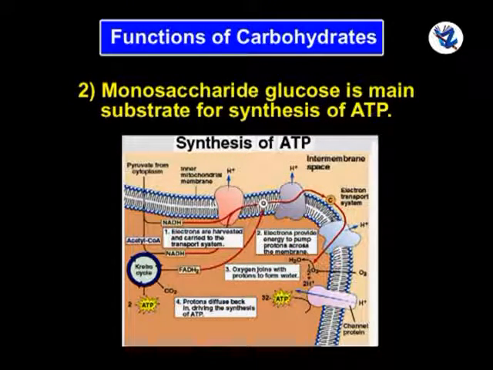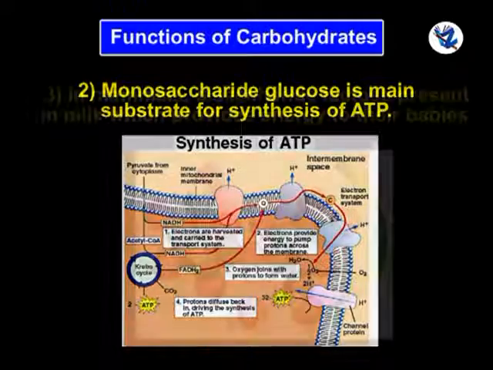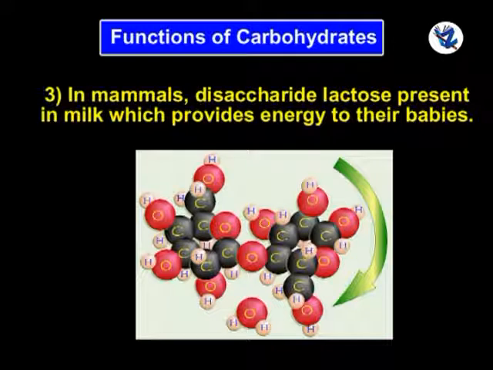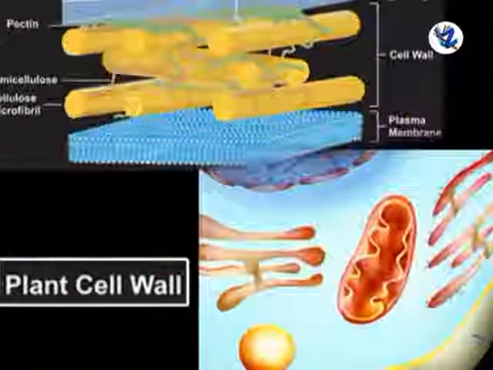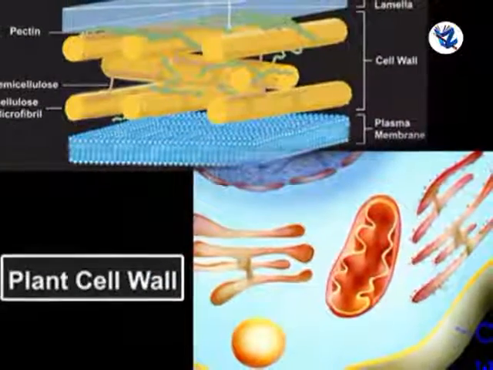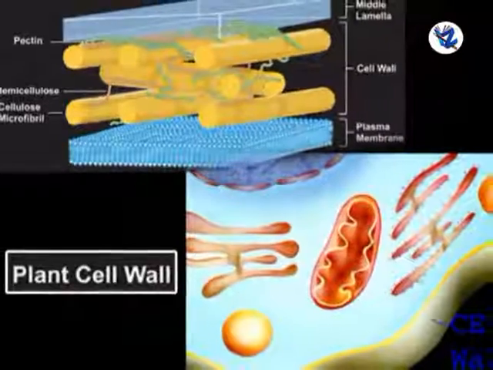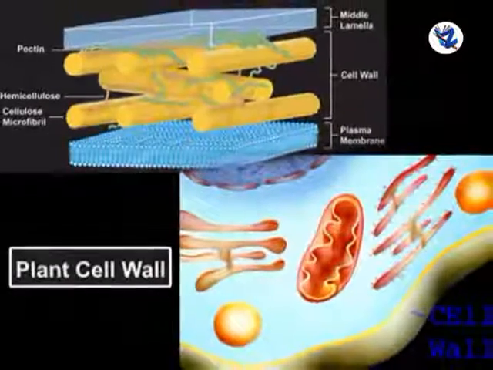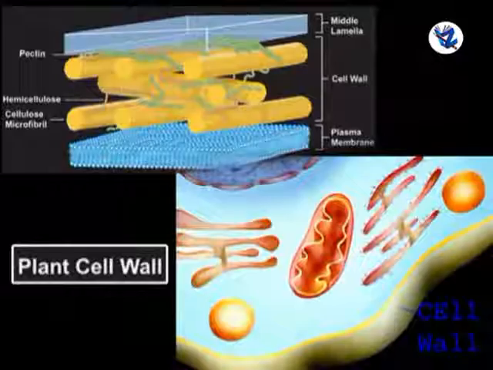A monosaccharide, glucose, is the main substrate for synthesis of ATP. 3. In mammals, disaccharide lactose is present in milk which provides energy to their babies. The polysaccharides are structural components of cell membrane and cell wall and also serve as reserved food material.